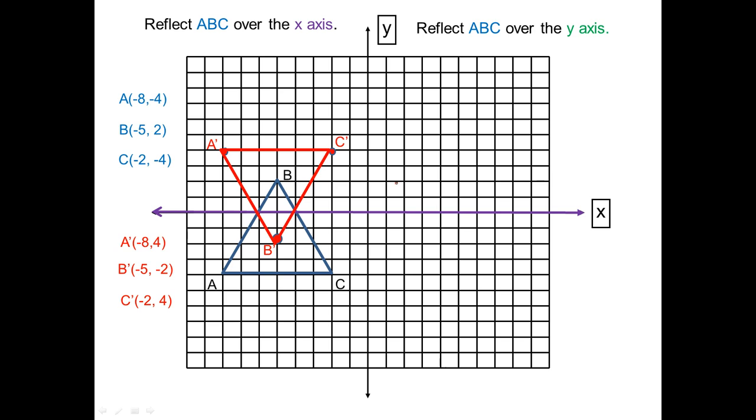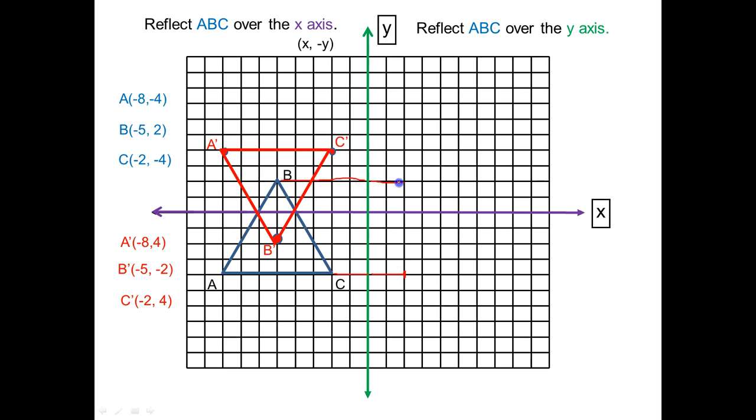So now we're going to go ahead and reflect the original triangle ABC over the y-axis. So again, we're going to reflect it by highlighting which axis we're flipping over. Once again, we're going to start from our line of reflection and count. C is 2 away, so your new C is 2 away. B, 1, 2, 3, 4, 5.